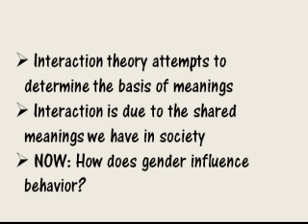And so interaction theories at their core attempt to determine the basis of meanings that we have, shared meanings based on symbols, and if we combine that with a micro-perspective view of feminist theory, we want to know how gender influences our behavior. How do our interpretations of gender influence society?